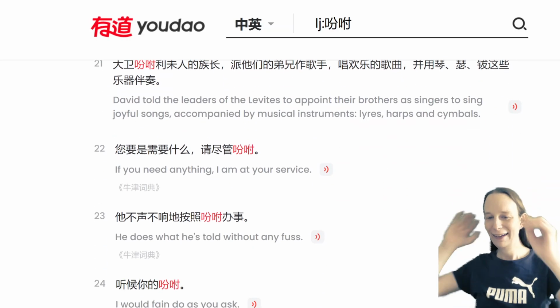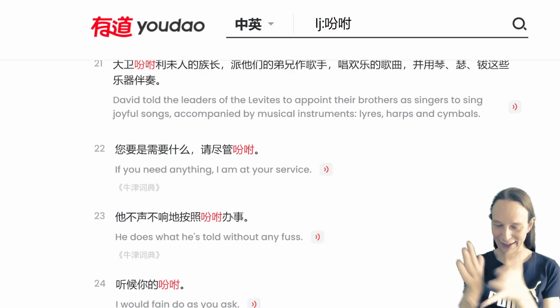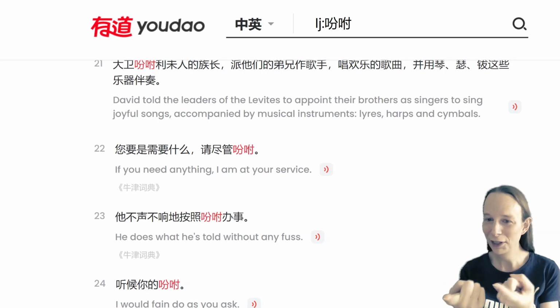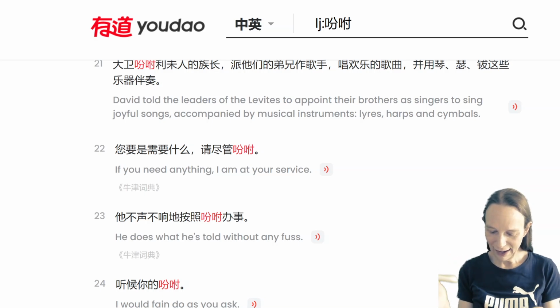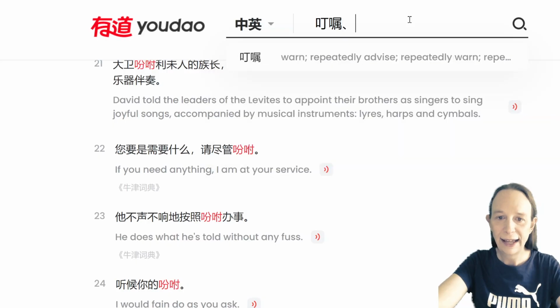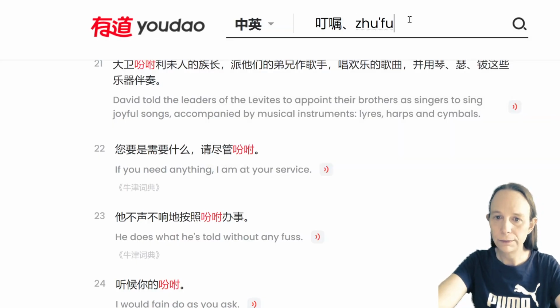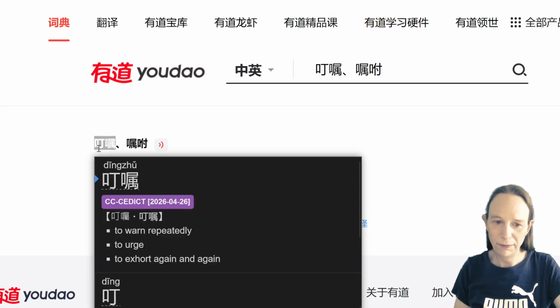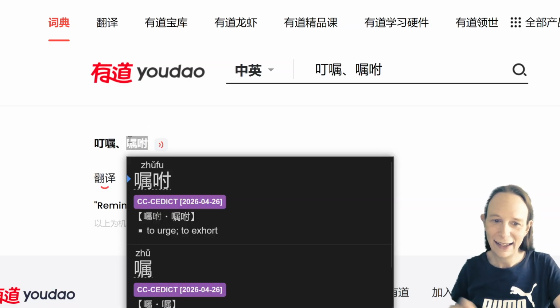Not sure. Basically, it's sort of instructions. You're being told to do something. The dictionary defines it as 叮嘱, 叮嘱, and 嘱咐. 叮嘱: warn, repeatedly urge, exhort. 嘱咐: urge, exhort.